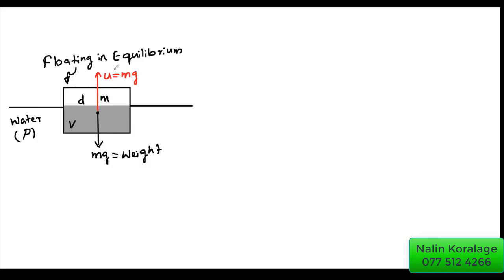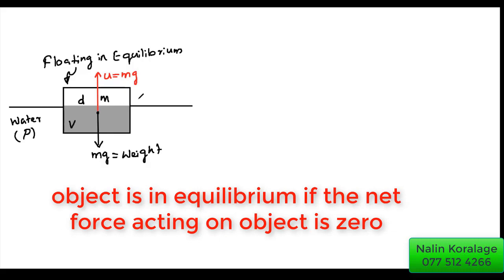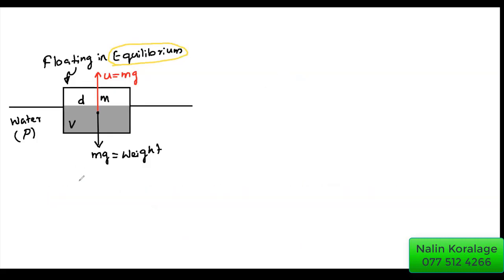Then and only then are the two forces cancelled with each other, and therefore the object is not acted on by a net force, which gives room for the object to be in equilibrium. Understood, right? So we can write here U is equal to mg.